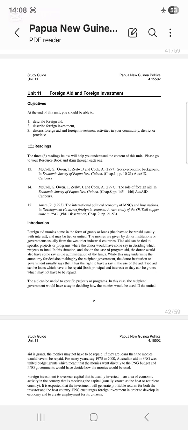And then the third objective is to bring them together. How do foreign aid and foreign investment come together, these two activities, to develop our country, our districts and our provinces? So importantly, this unit is about describing what foreign aid is, what foreign investment is, and how foreign aid and investment work together.